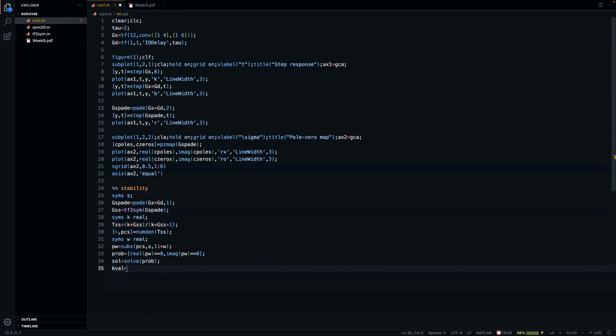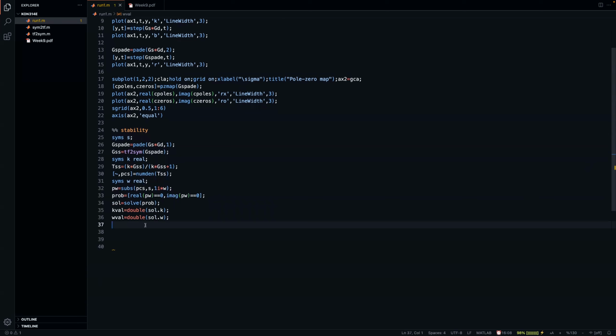I'm going to convert them into double. Same goes for omega. Now I'm going to eliminate the ones that are not 0 or positive. So omega should be positive.